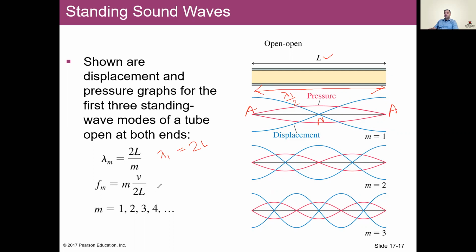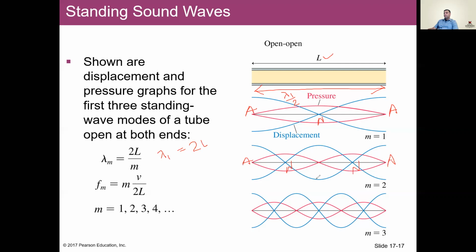Similarly, you can find all the different orders just by changing the number of nodes in each of these cases. If you go to this one, for example, you have an antinode, you have a node, you have another node, and you have an antinode.